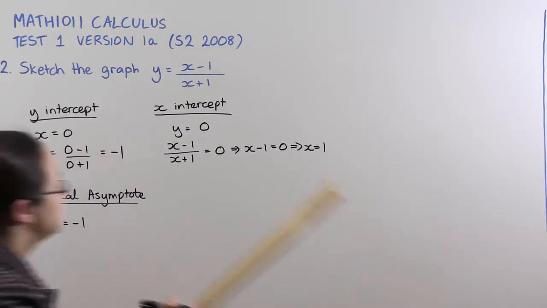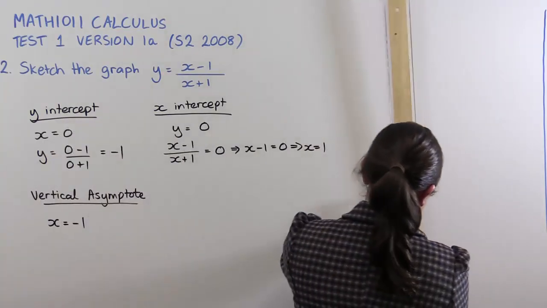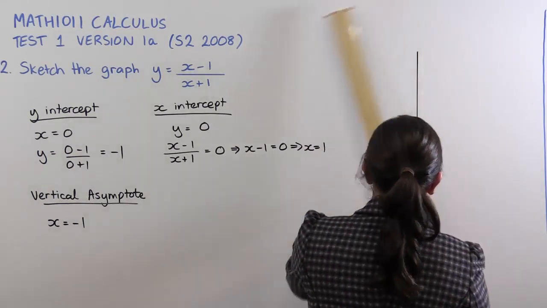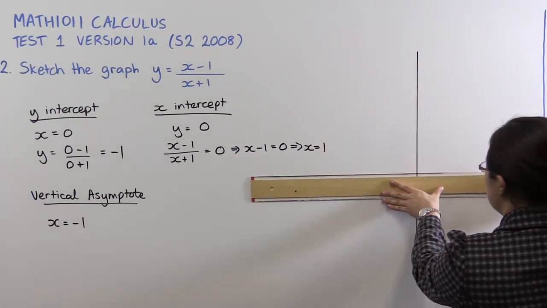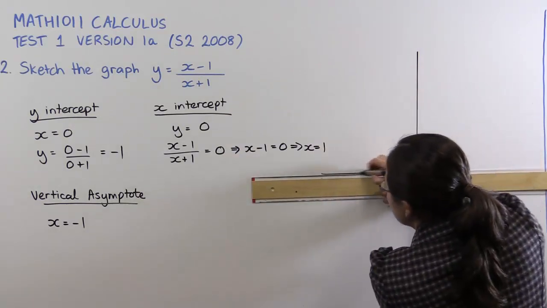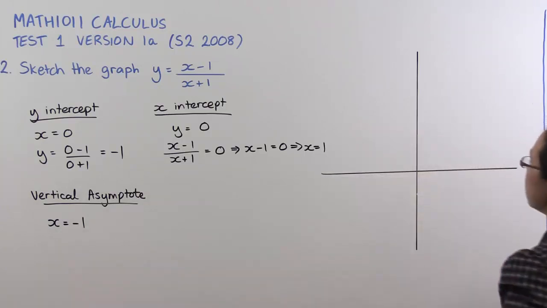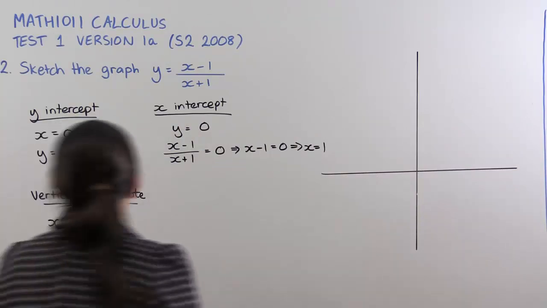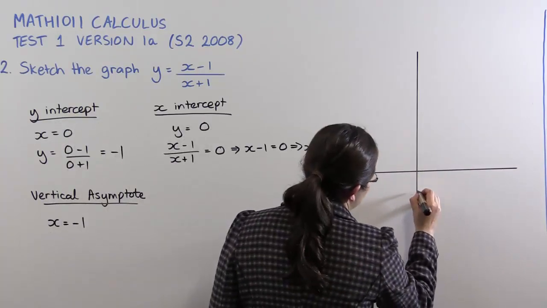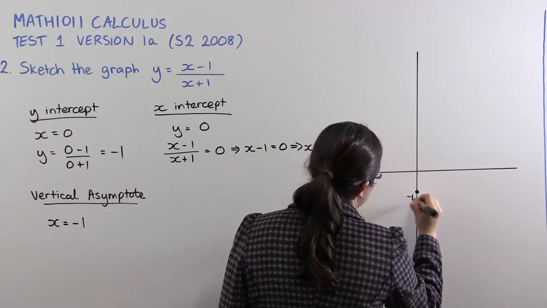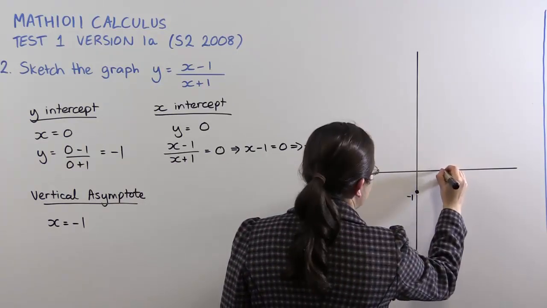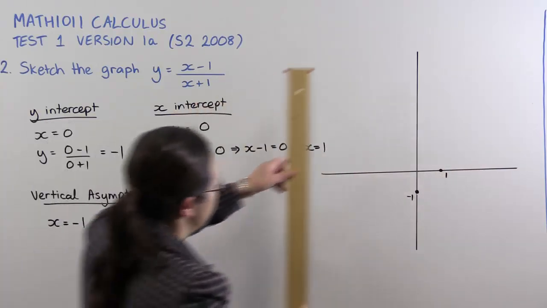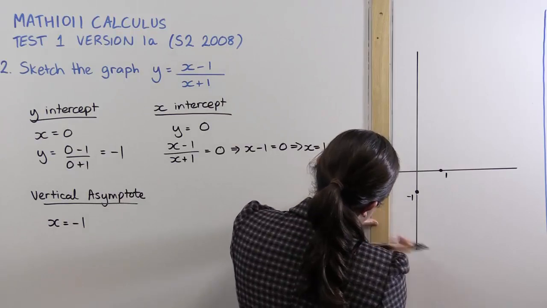So on our graph so far, we've got a y-intercept of minus 1, an x-intercept of 1 and a vertical asymptote at minus 1.